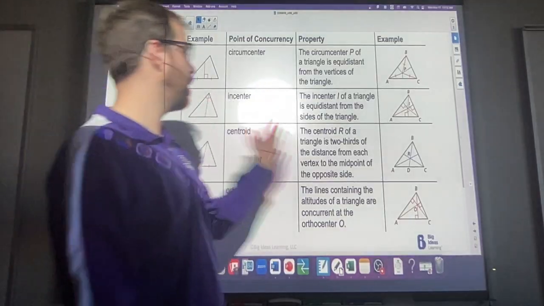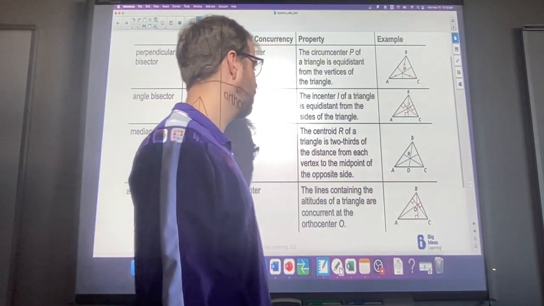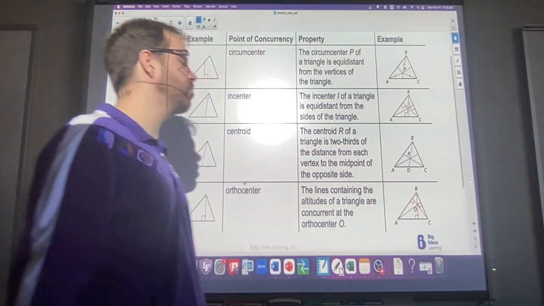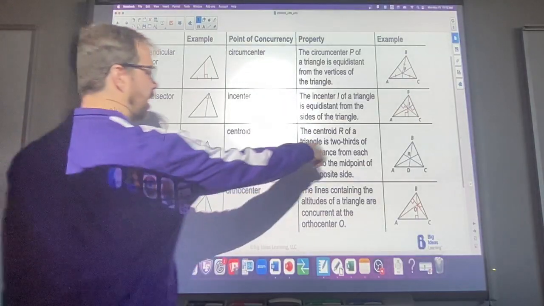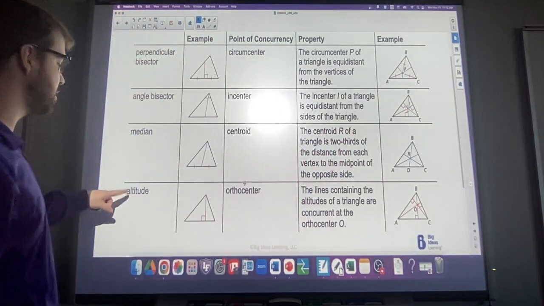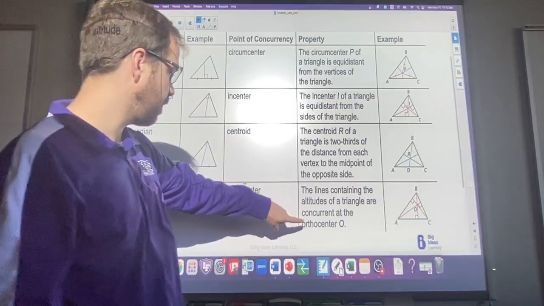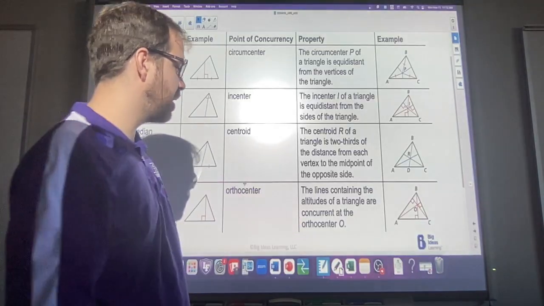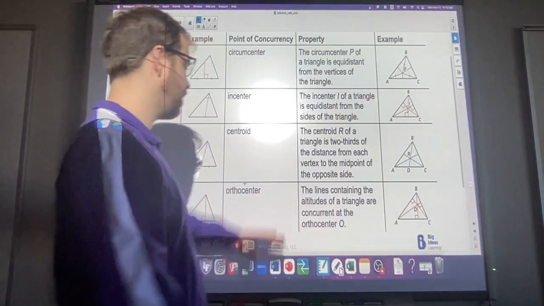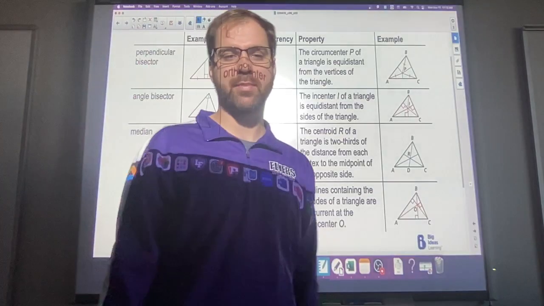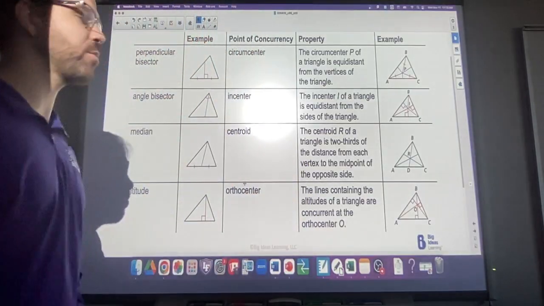Centroid has the 2/3 distance from the midpoint, so it has that ratio we can use to figure out the lengths. Really just double, it's more useful. And then the altitudes are concurrent at the orthocenter. We don't need to worry about that. Like I said, this last one we're basically just going to skip, okay? The first three are a lot more important, a lot more useful.